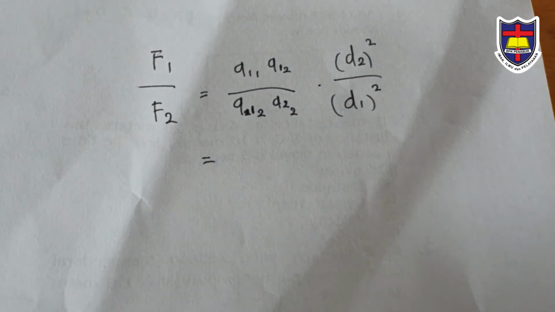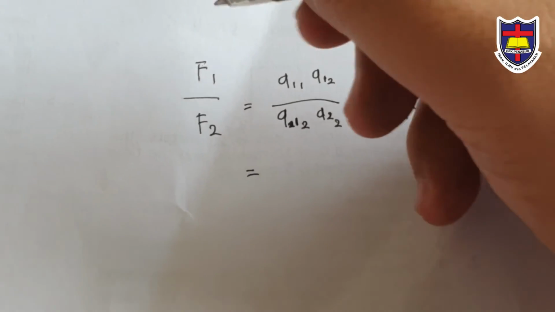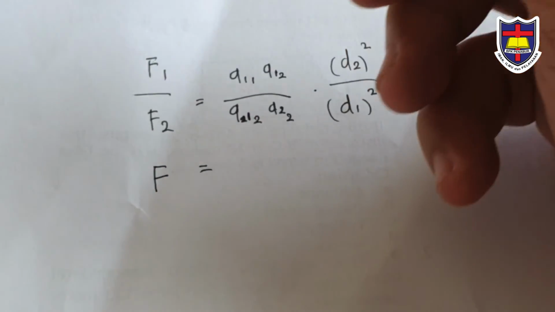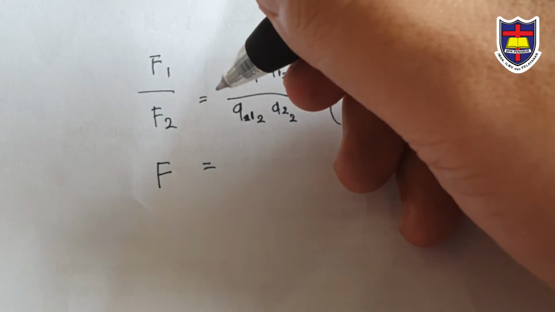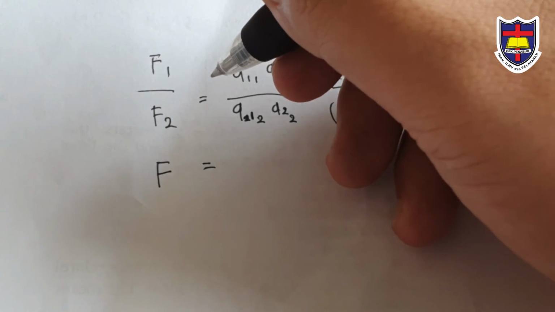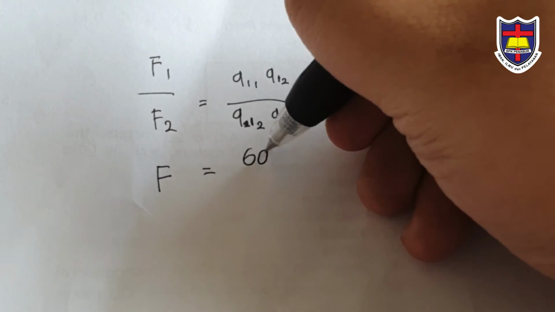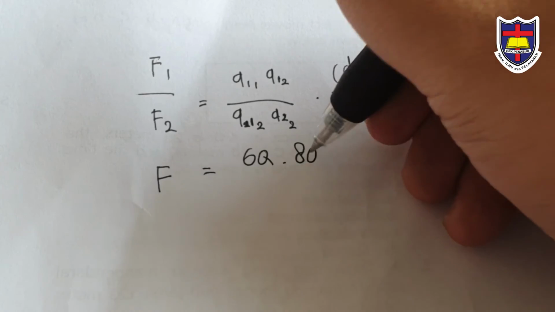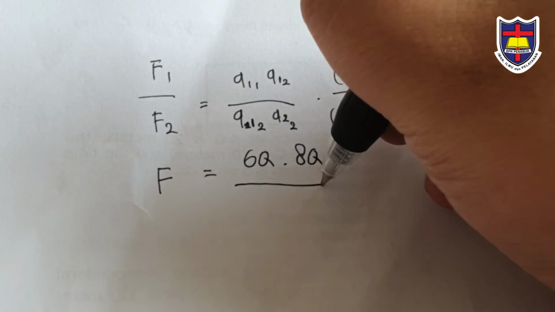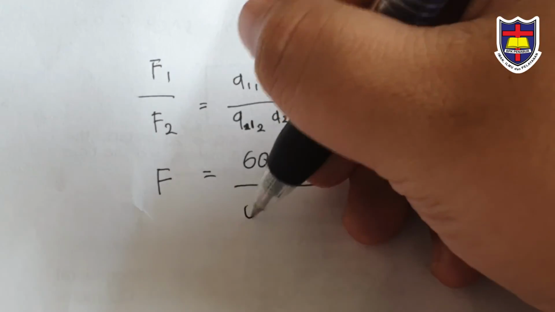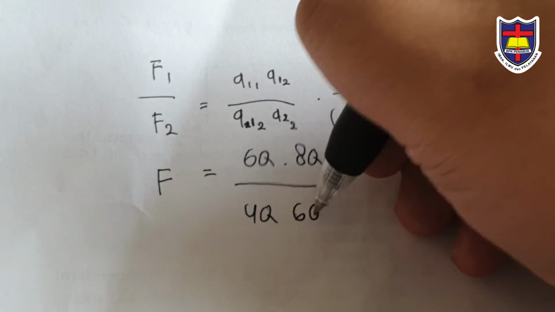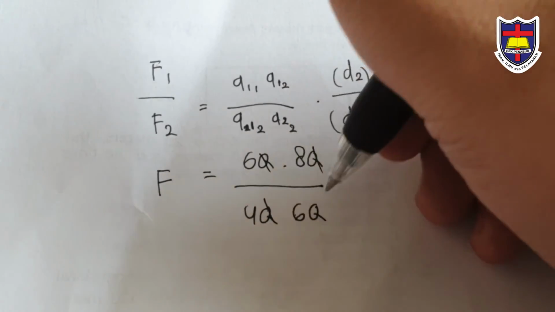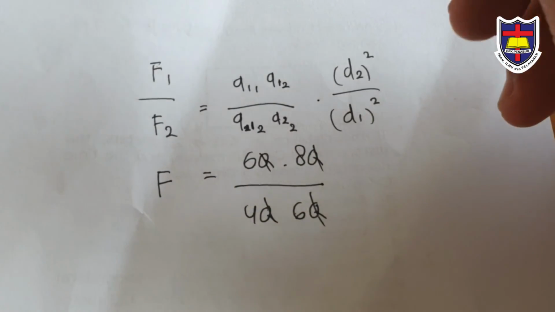So now I have the first F is F, equals the charges 6Q and 8Q over 4Q and 6Q. So the Q we can divide out.